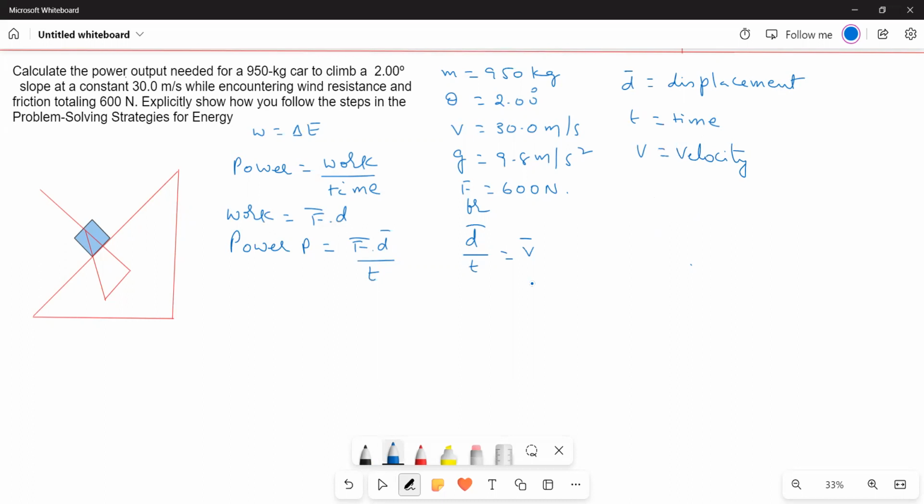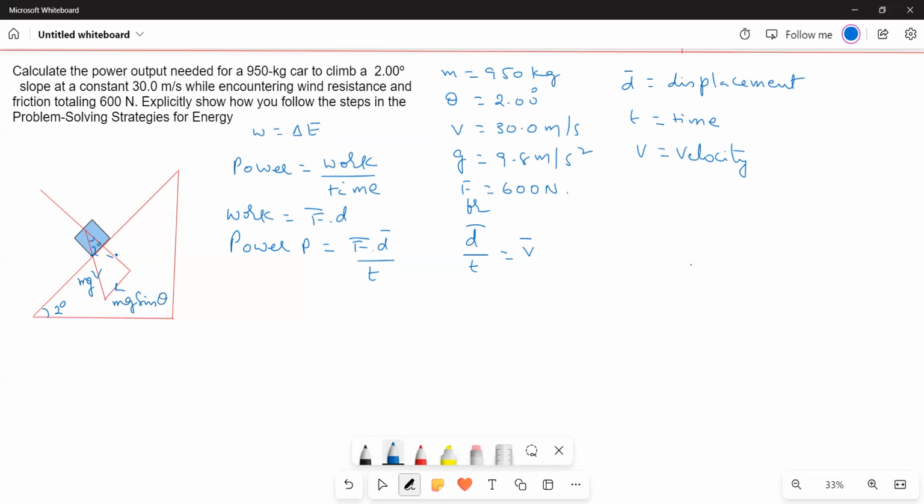Okay, and now we have to find out the force. What is the force acting on the system? Now we see this is the angle theta. Theta is equal to 2 degrees. As this is 2 degrees, this is again 2 degrees. Then this is mg, and this is mg sine theta, opposite side to the angle.